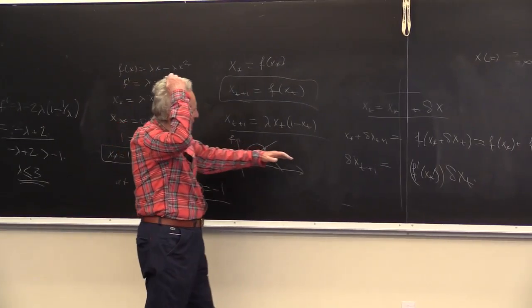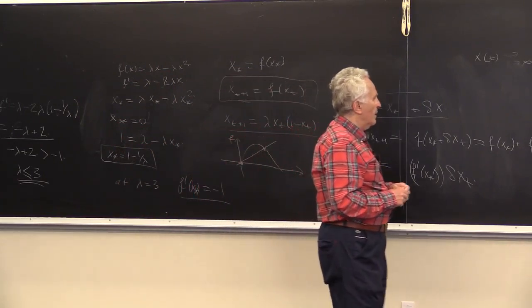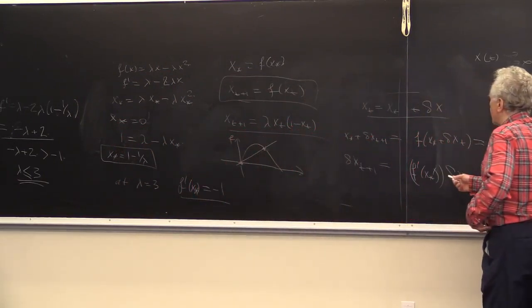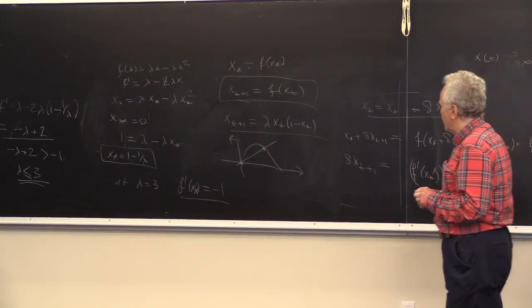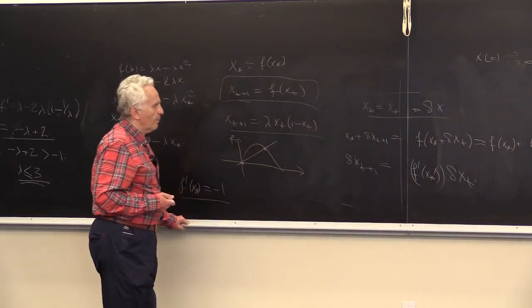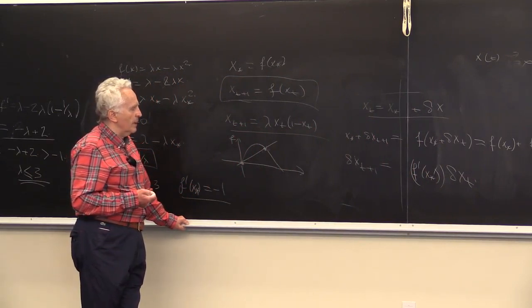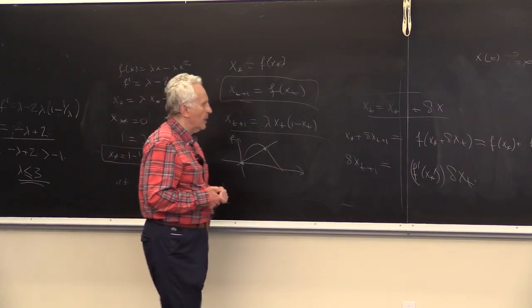And what will help us is this equation. How it behaves, what happens to those delta xt, how they behave when the derivative is minus 1.